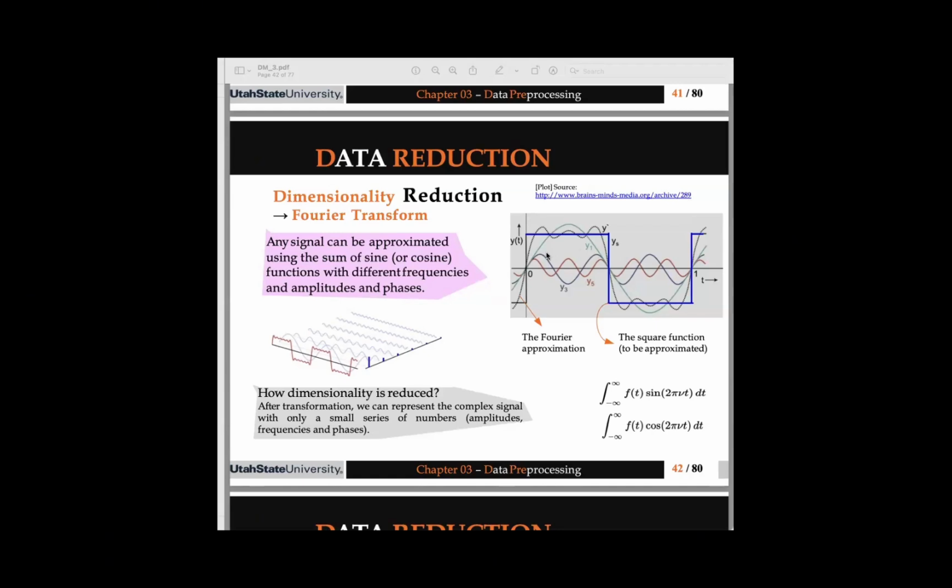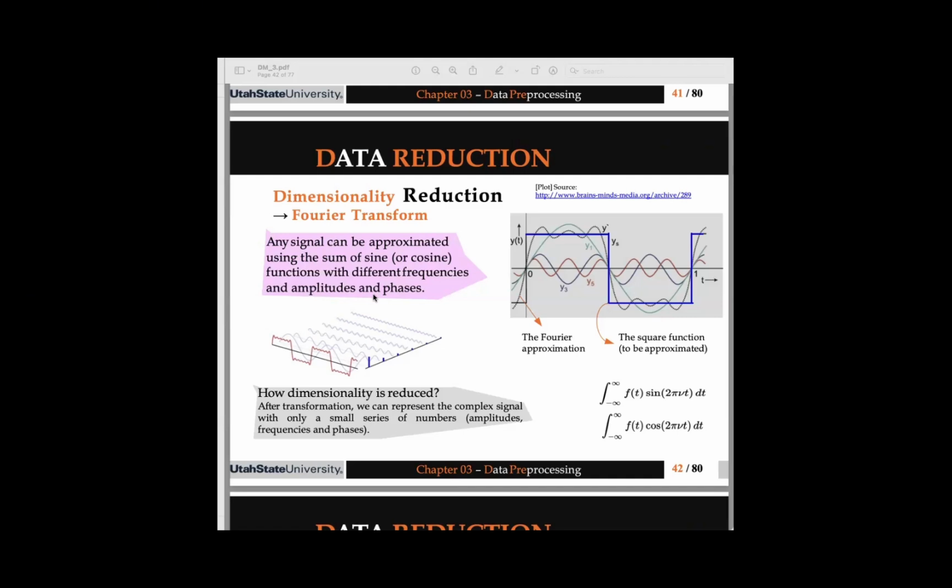Essentially, even if a signal looks very complex in the time domain, it can still be represented using only a small number of frequency components. After applying the Fourier transform, we no longer store the original signal in the time domain, but instead record the frequency domain transformation of that signal.